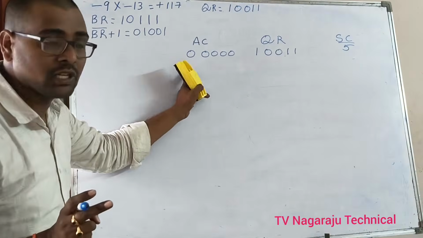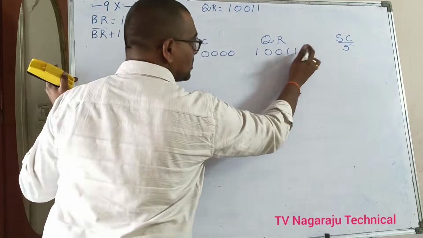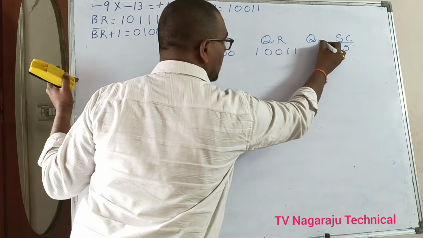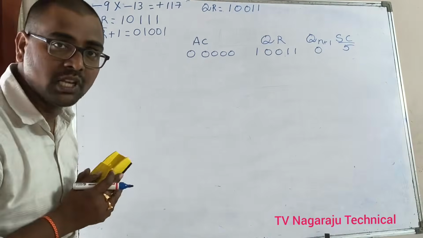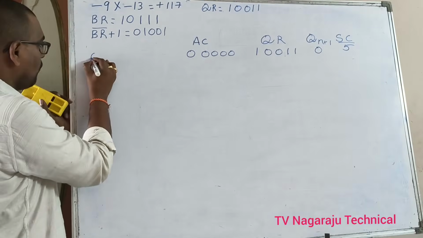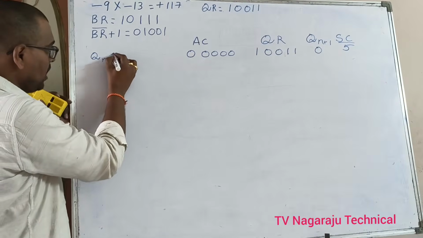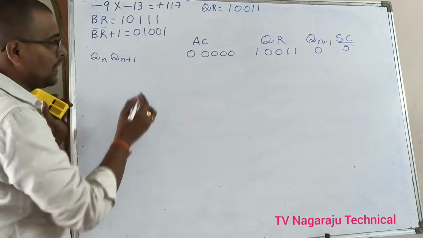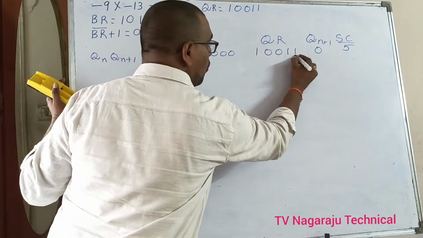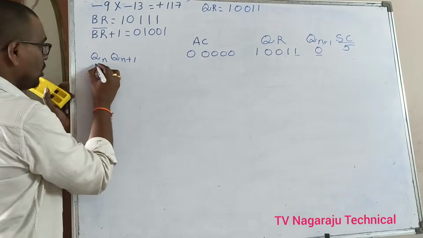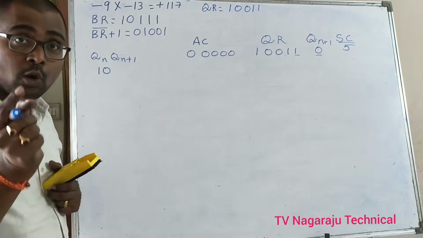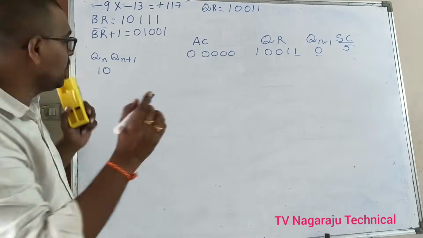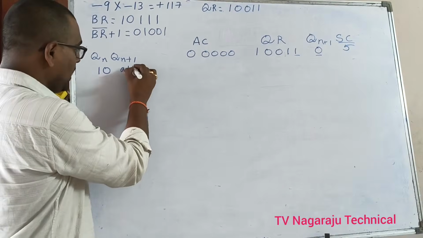In the Booth multiplication algorithm, along with this we need one additional bit, Qn plus 1. Initially, the value is equal to 0. Now, in the first step, you check Qn and Qn plus 1. What is this? 1, 0. If it is 1, 0, what do you do? Simply subtract.